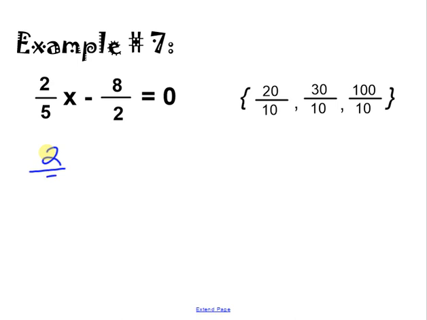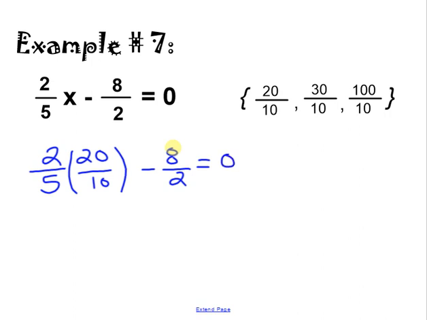So 2 over 5 times 20 over 10 minus 8 over 2 equals 0. So let's multiply these across and you're going to get 40 over 50 minus 8 over 2 equals 0.